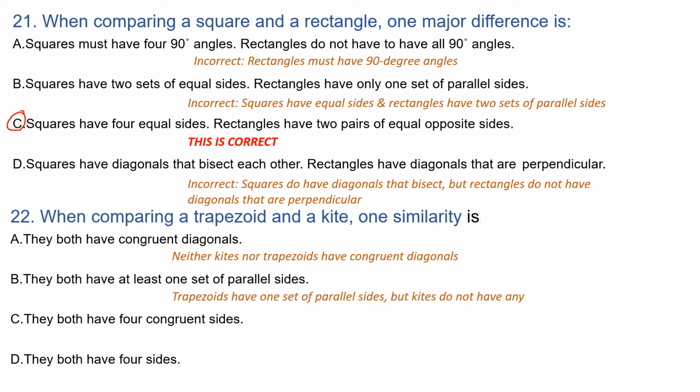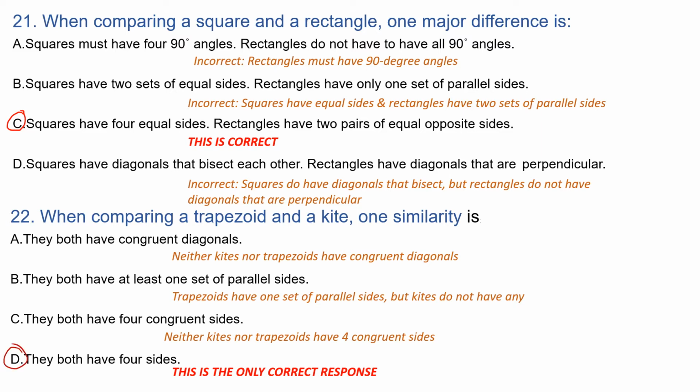Let's look at C. They both have four congruent sides. Neither kites nor trapezoids have four congruent sides. That is a square or a rhombus. So let's look at D. It says they both have four sides, and that's their only similarity. So this would be the only correct response for this question. And there we have it.